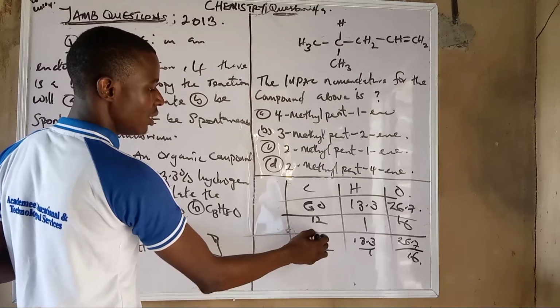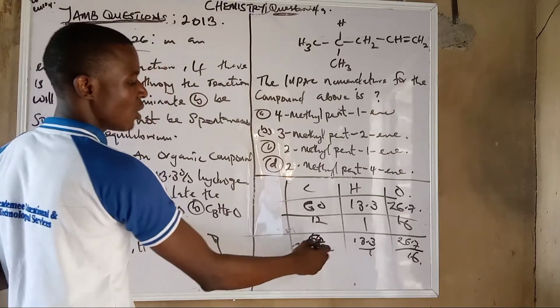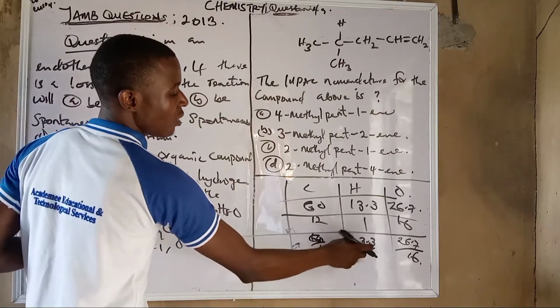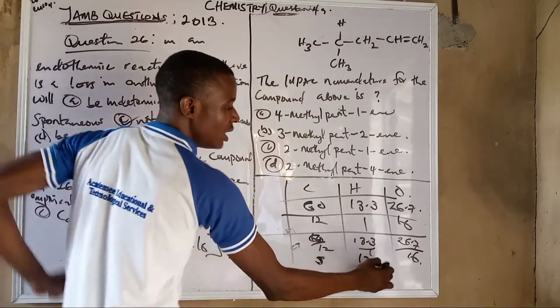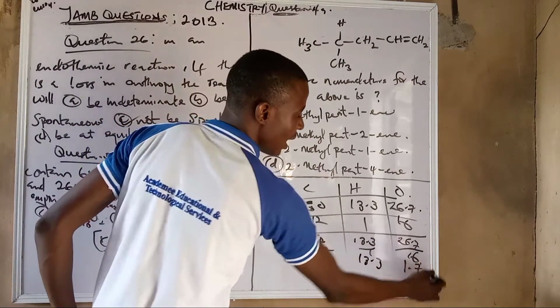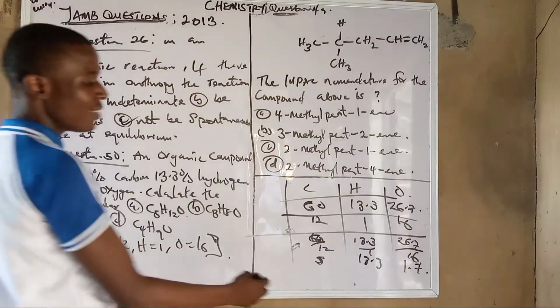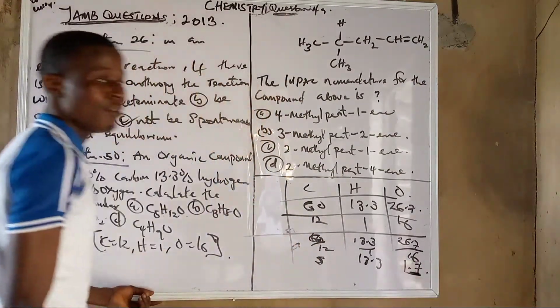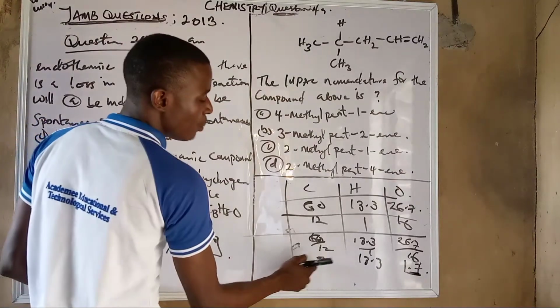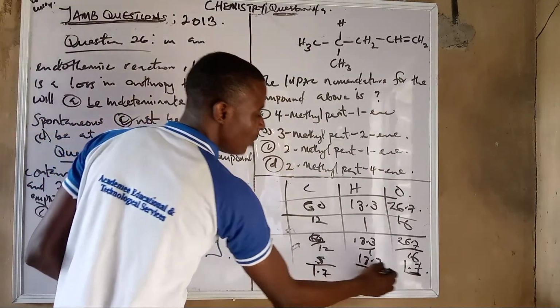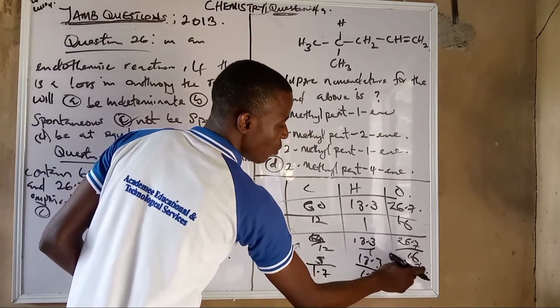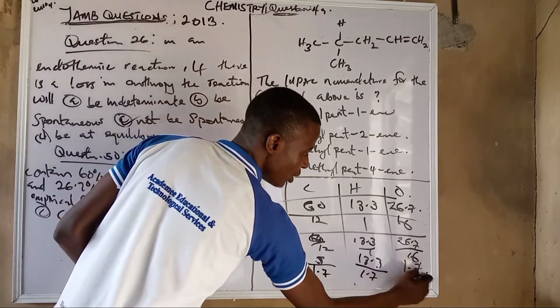60 divided by 12 will give us 5. 13.3 divided by 1 is 13.3. And 26.7 divided by 16 will give us 1.7, I think. The smallest figure we have here is 1.7, so divide all through by 1.7. 5 divided by 1.7, 13.3 divided by 1.7, and 1.7 divided by 1.7.